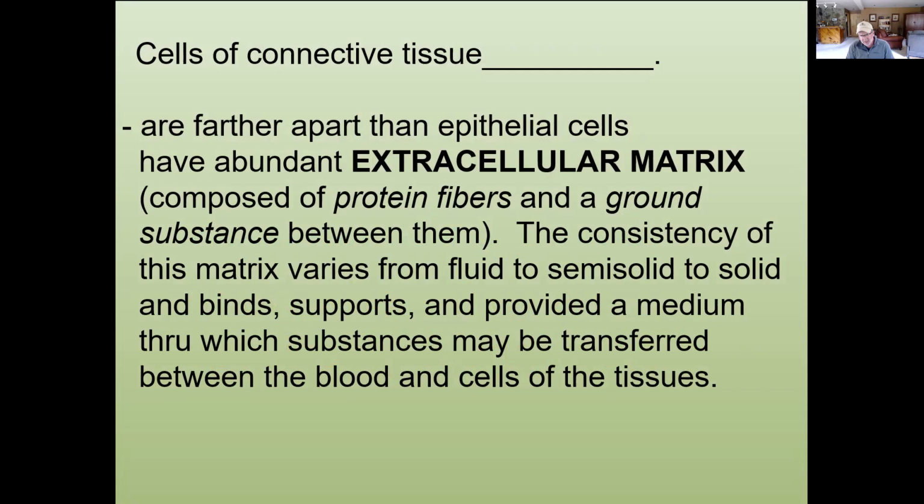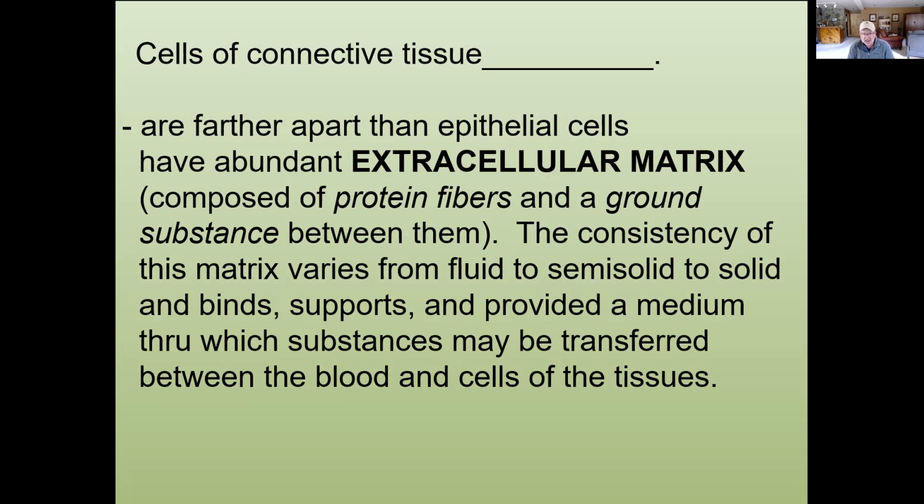What this matrix basically acts to do is a variety of functions depending upon what the connective tissue is. For example, if we talk about bone, which is a type of connective tissue, the extracellular matrix is made up of calcium phosphate that helps provide rigidity to the tissue. We all know, if we think about a bone, that it's hard, right?